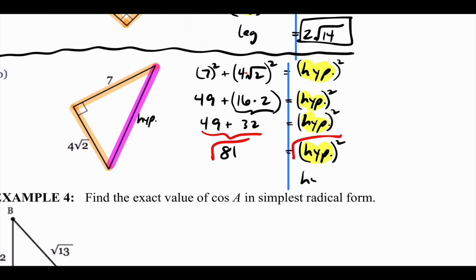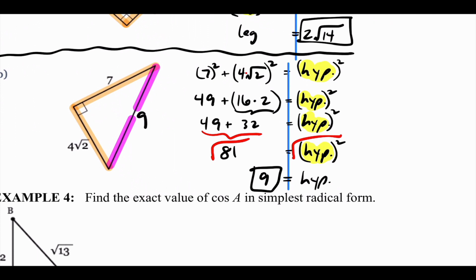Luckily, 81 has a nice whole number for a square root, so we don't have to do any pairs or anything. Okay.